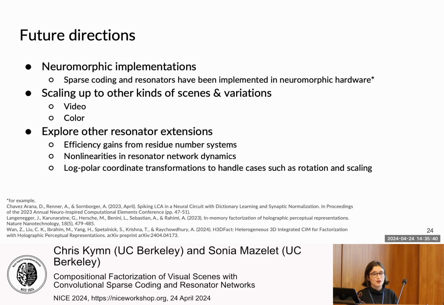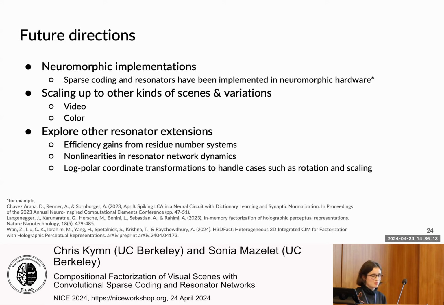So there are a few directions that are possible now. First, we would like to work on a neuromorphic implementation of this model. We would like to base our work on previous work, encoding sparse coding and resonators on neuromorphic hardware. We would also like to see if the method scales to other kinds of scenes or variations by, for example, introducing color or looking at times and videos, and explore other resonator extensions.